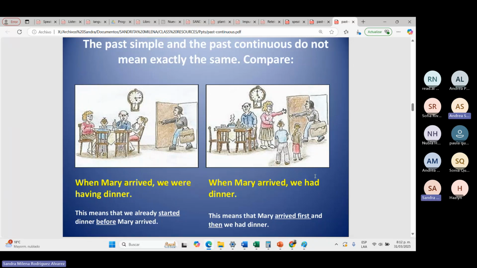Very short events from the past. Now, for example, let's check this. It says, when Maria arrived, we were having dinner. When Maria arrived, we had dinner. What is the difference between those two sentences?